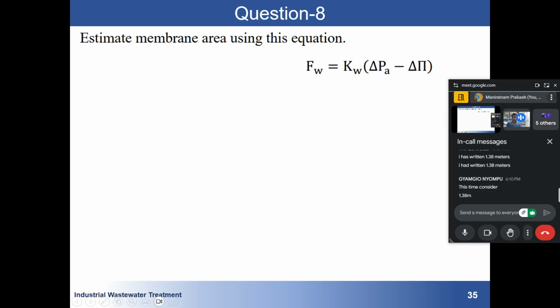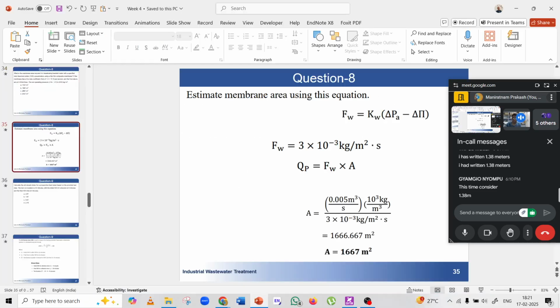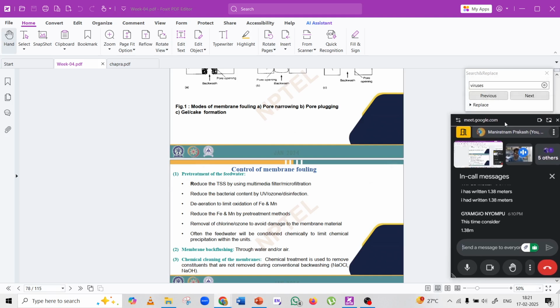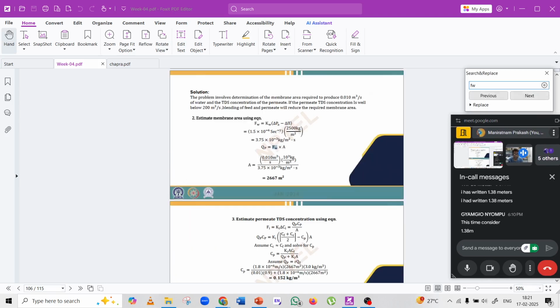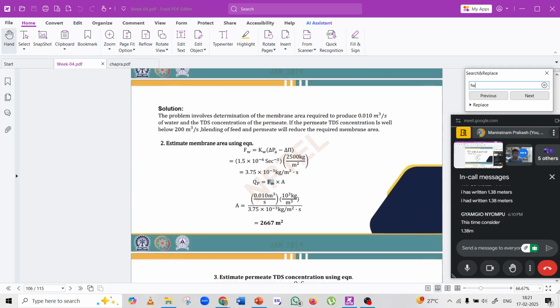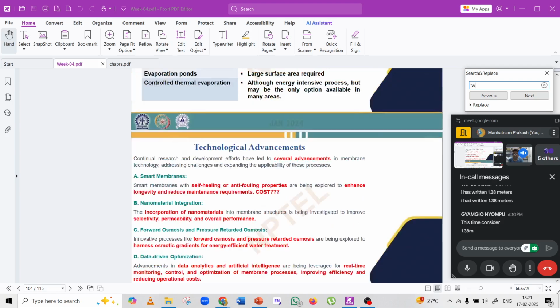The estimate of the membrane: this is a direct formula. How this is derived, no need to know. Actually, I also don't know how this has come. But this is the formula, and here are the details about it.